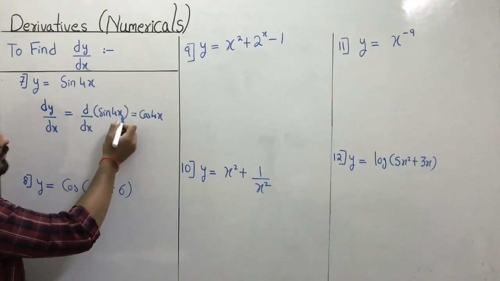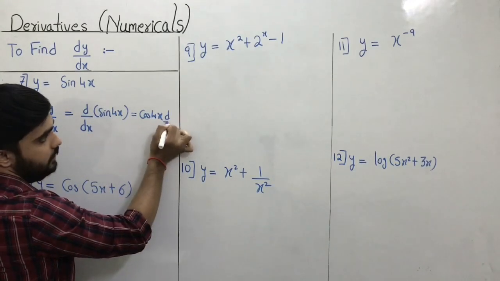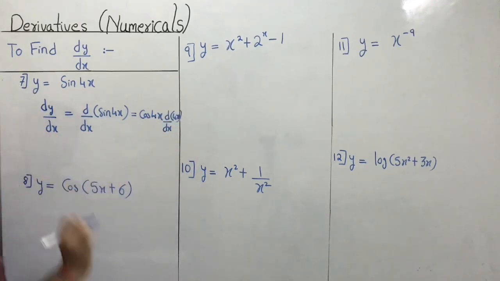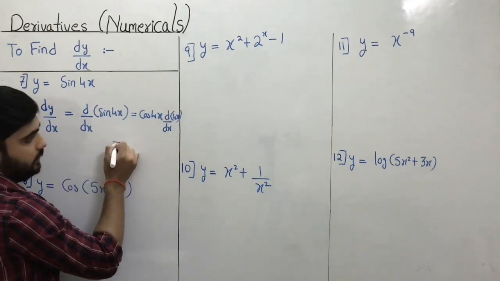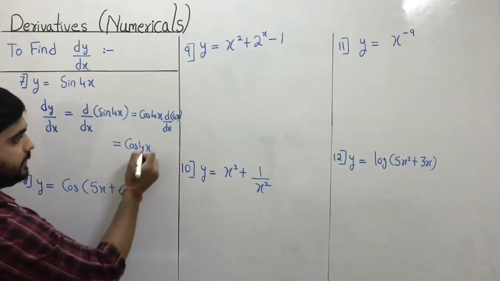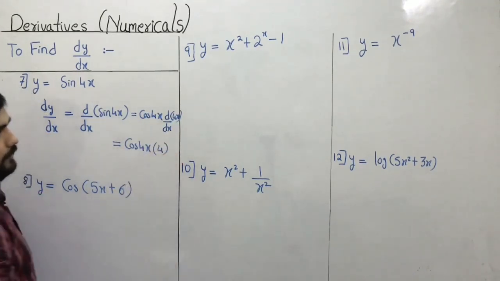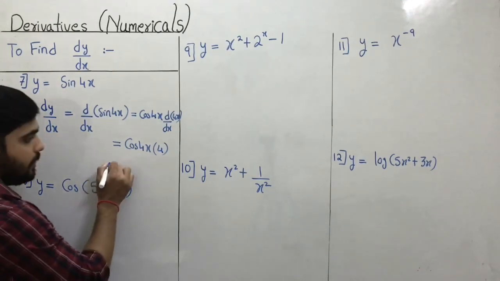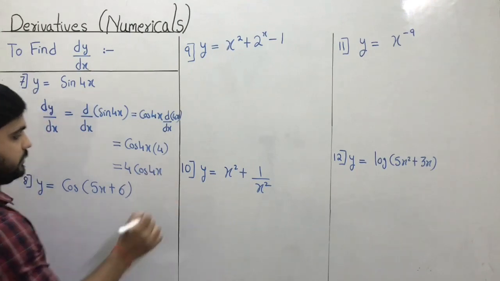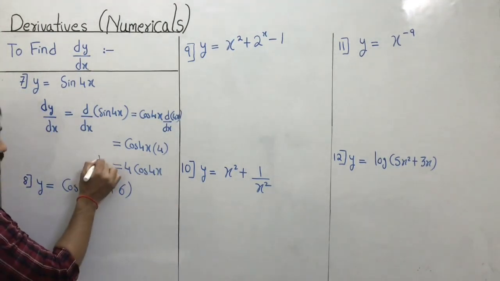So derivative of 4x, we can write it as again d by dx of 4x. So we get cos 4x, and derivative of 4x is 4. So we can write 4 times cos 4x is the derivative of this function.